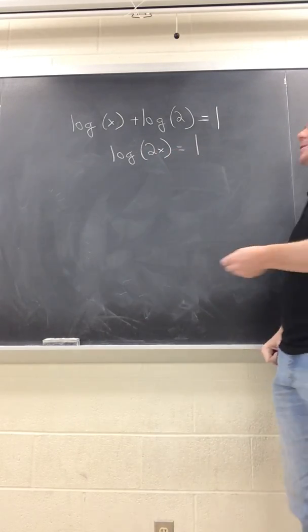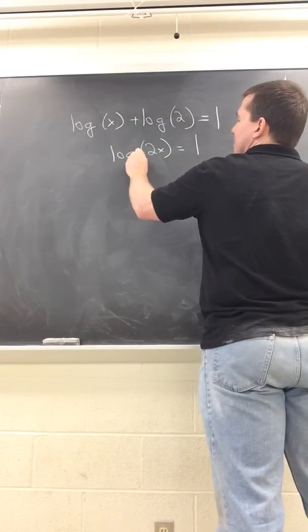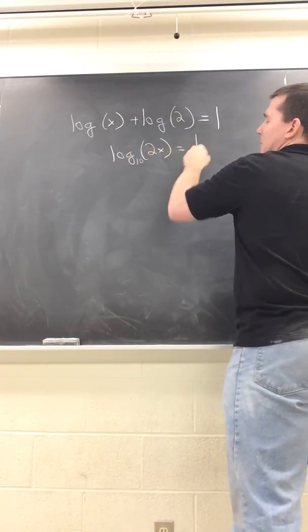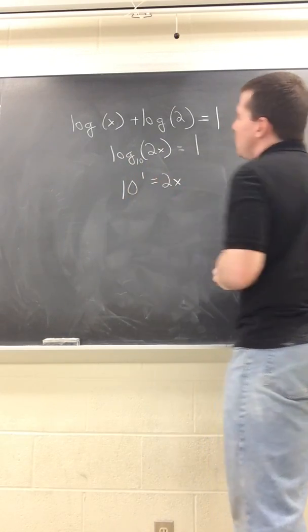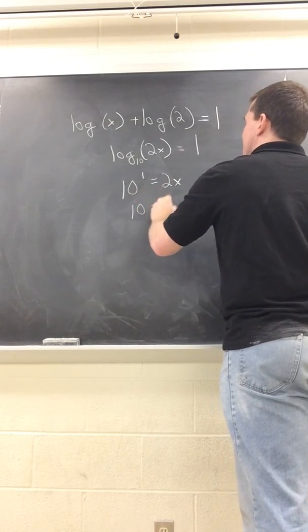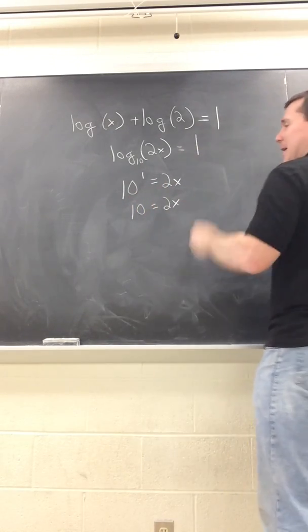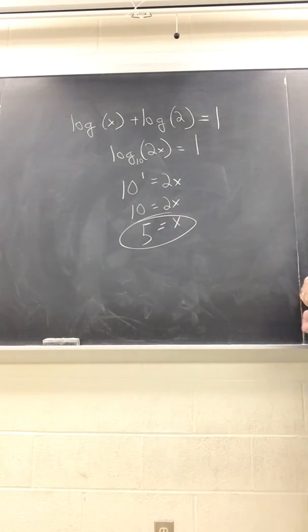Now I can use the definition. What's the definition say? Log base, this is common log, so base 10, of that equals 1 means 10 to the 1 equals 2x. 10 to the 1 is just 10. So 10 equals 2x, divide by 2 on both sides, x equals 5. And I'm good to go.